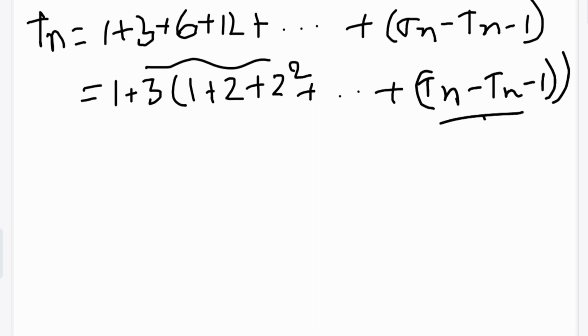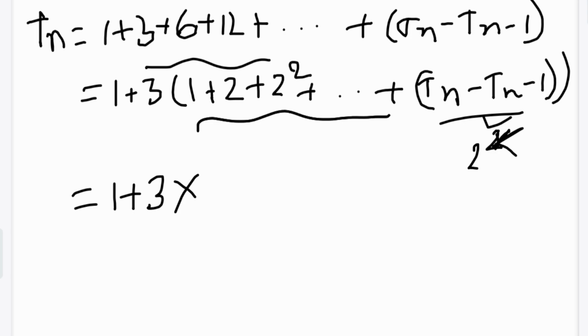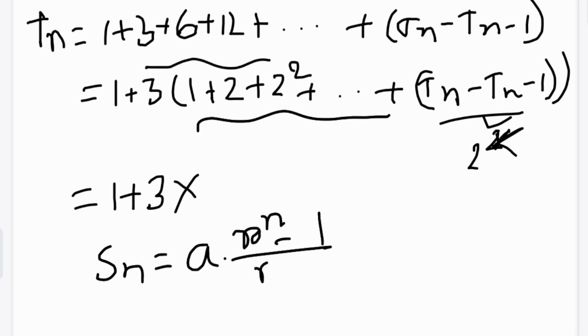So basically this term also will give you something of 2 power k. So 1 plus 3 into, now guys look at these terms, they actually form a series called geometric progression, where the sum is Sn equal to a into r raised to the power n minus 1 over r minus 1.